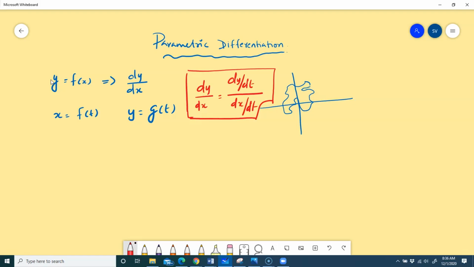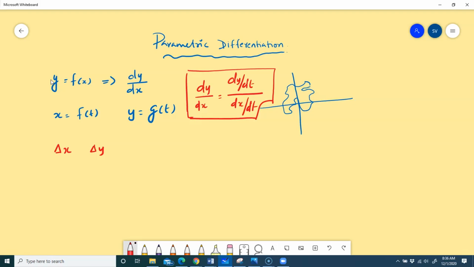Usually, as you studied in your previous lessons, in the topic called first principle in differentiation, you are familiar with the increments called delta x and delta y. I'm pretty sure you are familiar with this.